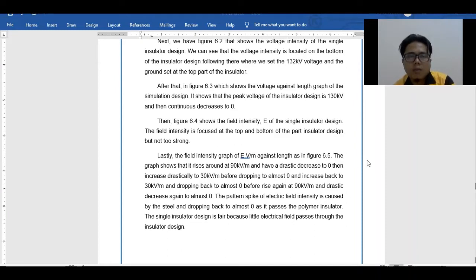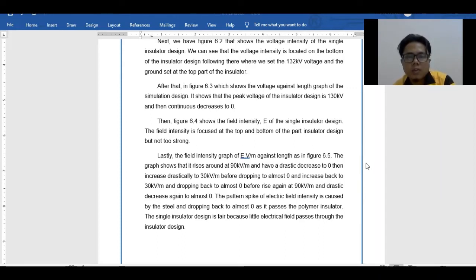And lastly, we have the field intensity graph, which is E against length, as in figure 6.5. It shows a graph that rises to around 60 kV per m, then drastically decreases to 0, then increases drastically to 30 kV per m before dropping to almost 0, and increases back to 30 kV per m and drops back to almost 0 before rising again to 90 kV per m and drastically decreasing again to almost 0.